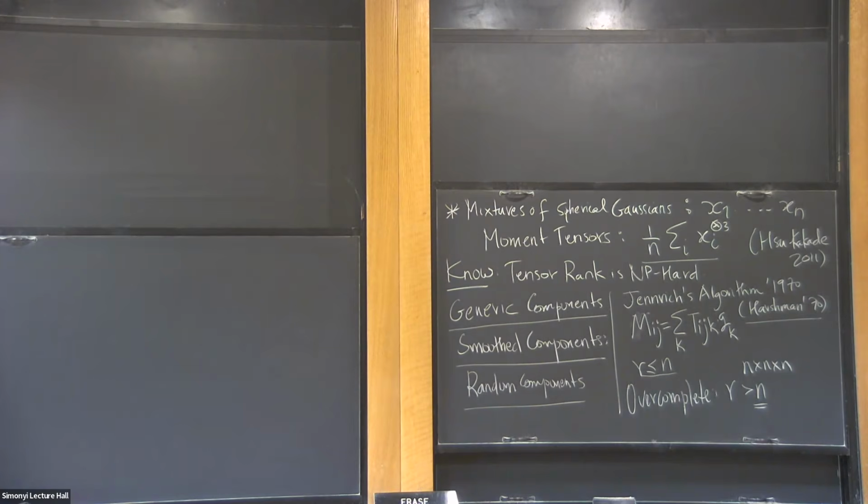Why complete? Why overcomplete? Good question. I don't know, but I would ask Avi. I don't like it, but it's a historical reason. Maybe it's due to Jennrich. I don't know.